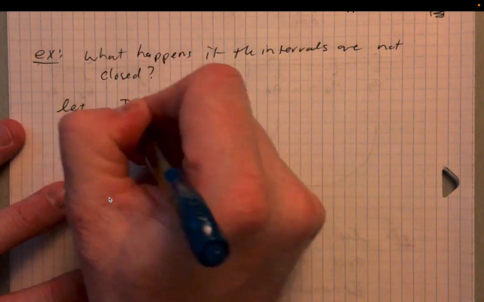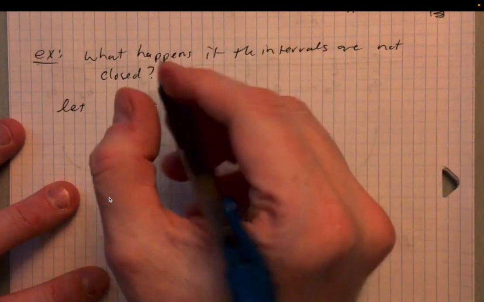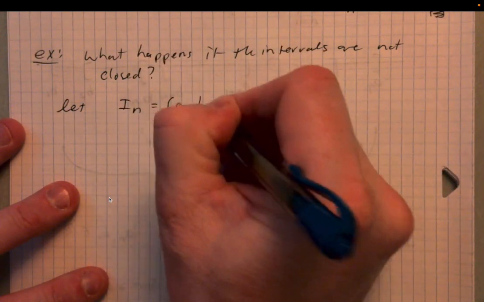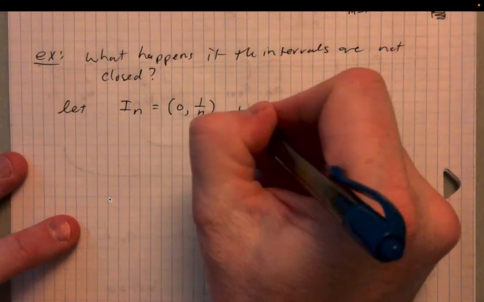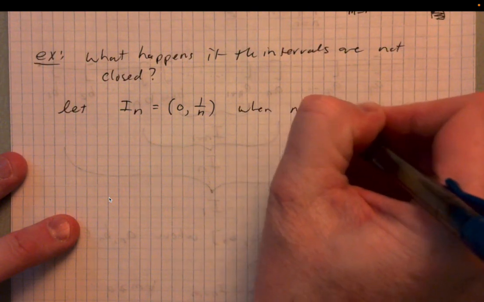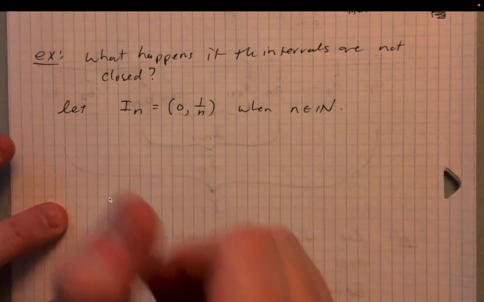Let's let I sub n equal the open interval 0 to 1 over n, where n is a natural number, right? And so you'll have the nested property here.